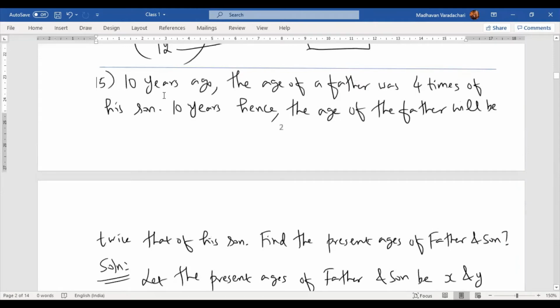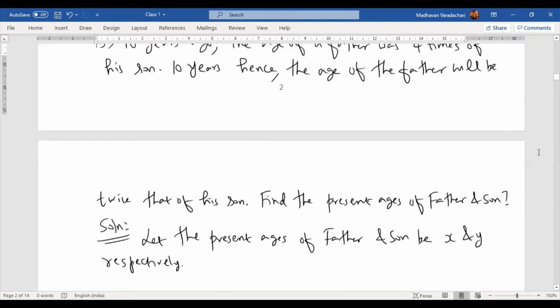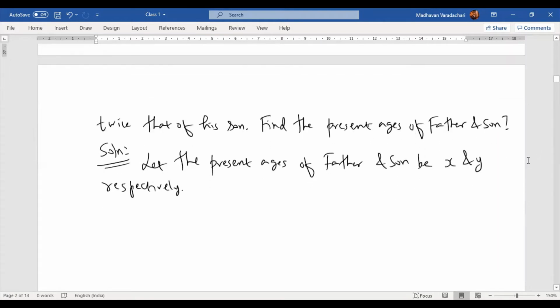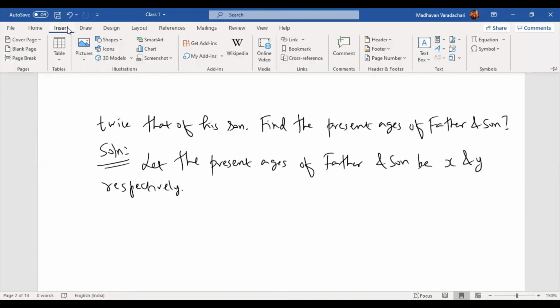What is given? They gave something about 10 years ago and 10 years hence. So let me form a small table having 4 columns and 3 rows.